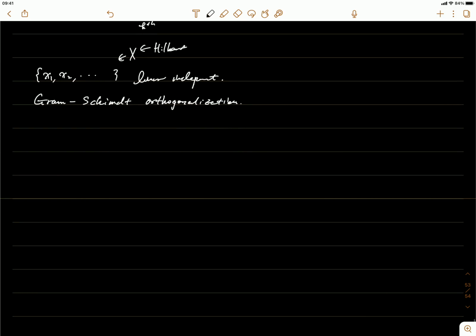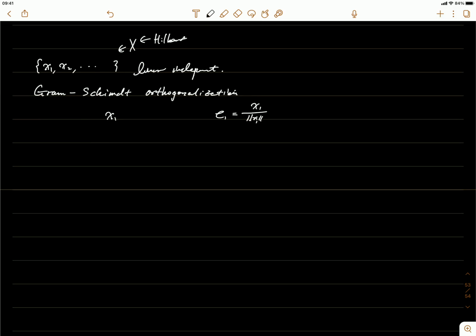What we can do is start from the first one. For x1, we define e1 to be x1 over the norm of x1. We know that they are linearly independent, so none of them can be 0, so we can just get e1 here.